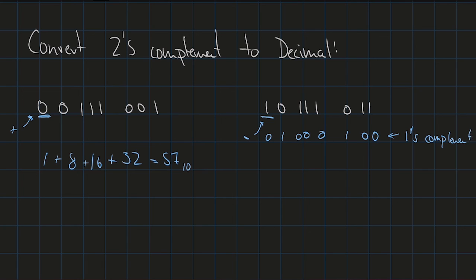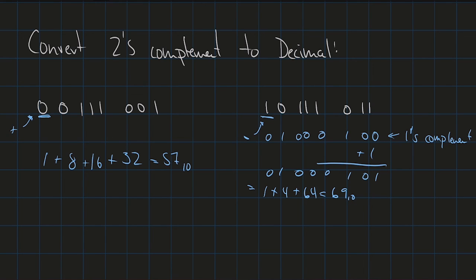And now we want to add 1, which is 1, 0, 1, 0, 0, 0, 1, 0. And if we add these bits up, that's 1 plus 4 plus 64, which is equal to 69 base 10.